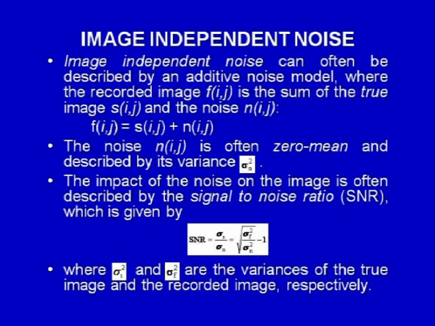The impact of the noise on the image is often described by signal to noise ratio, that is SNR, which is given by the equation SNR is equal to the square root of sigma f square divided by sigma n square minus 1, where sigma s square and sigma f square are the variances of the true image and the recorded image respectively.